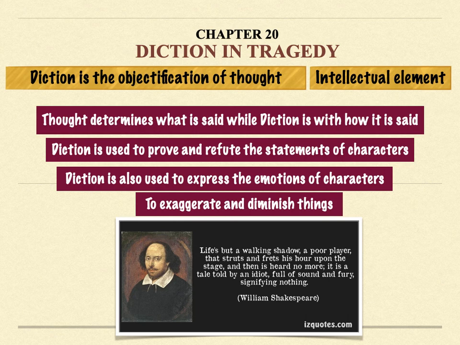Now, this is actually a line taken from Shakespeare's Macbeth. Now, if you look at this line, you can see the power of the words. More than that, as Aristotle has suggested, this has got a universal touch because this is about the life of human beings, the meaninglessness involved in human life.